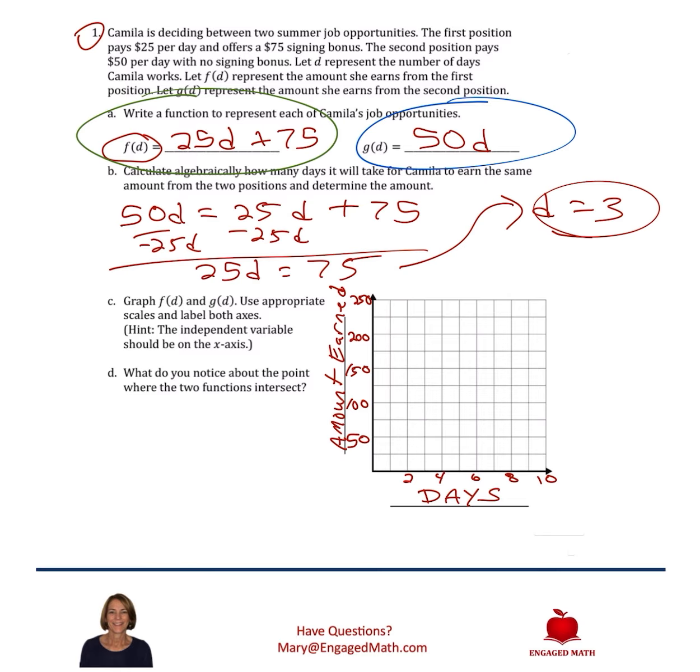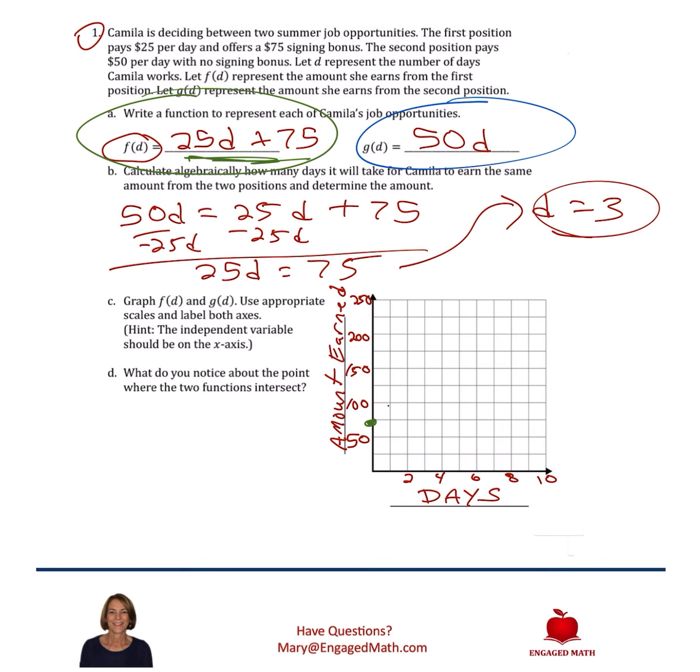First, the green graph is going to be F of D. The $75 is how much she earns even if she works 0 days because she gets that signing bonus. So there it is. That's her first point. Then if she works 1 day, she has 25 times 1 plus 75, which would be 100.